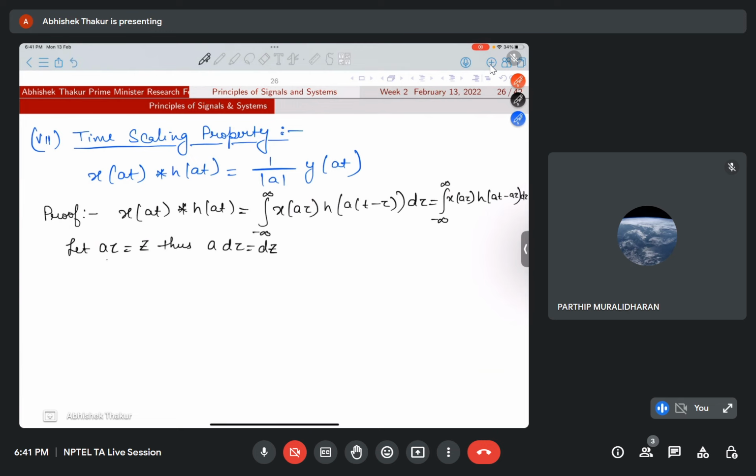When you differentiate both sides, you will get a d tau is equal to dz. Now substitute this here, you will get integral from minus infinity to infinity of x(z) h(at minus z) dz by a. So this is equal to 1 by a into y(at).